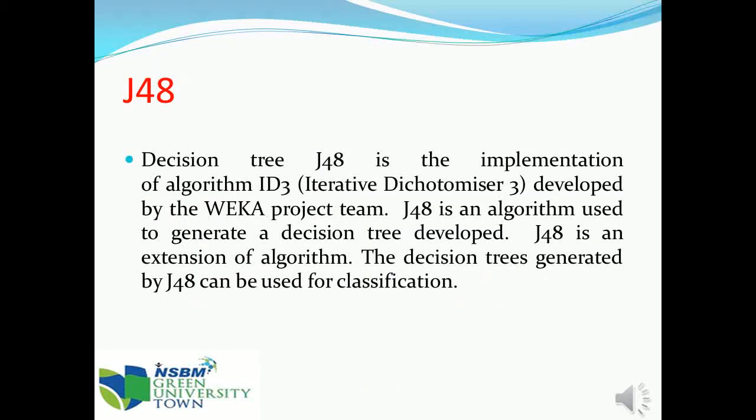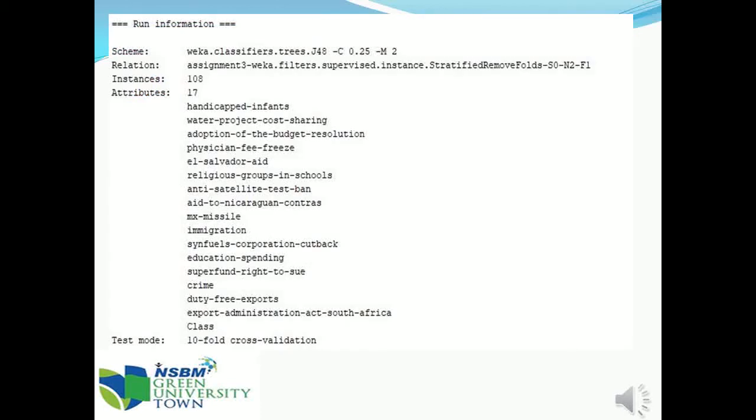J48 is an algorithm used to generate a decision tree. J48 is an extension of the ID3 algorithm. The decision trees generated by J48 can be used for classification. According to the dataset, we used 10-fold cross-validation for the test option. We could get the following result.